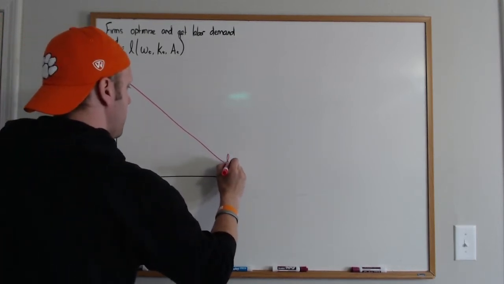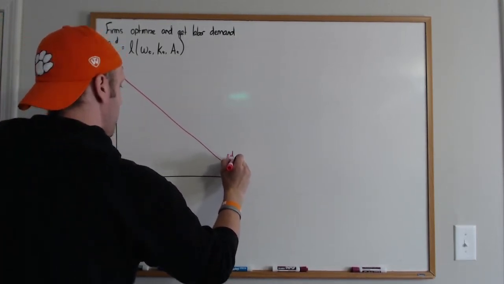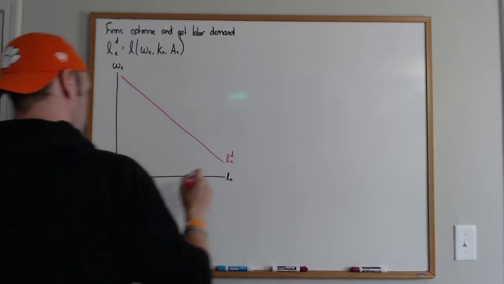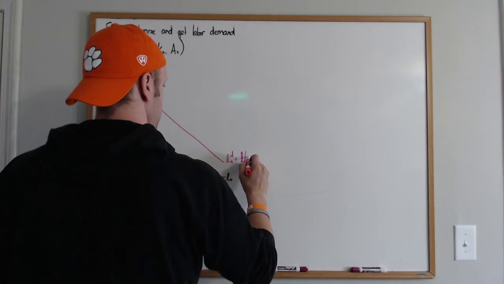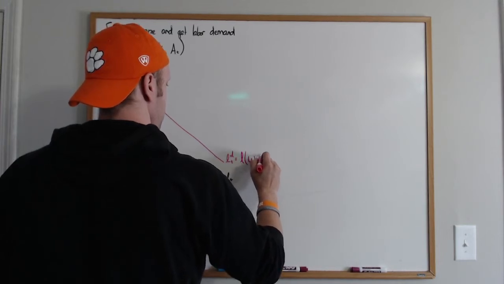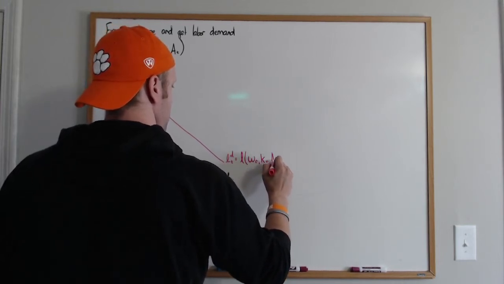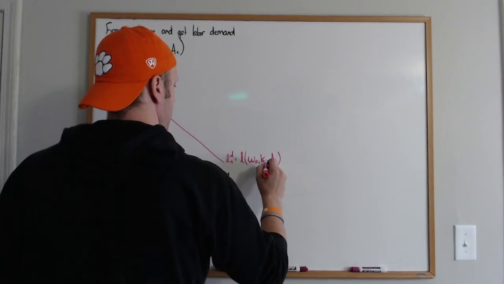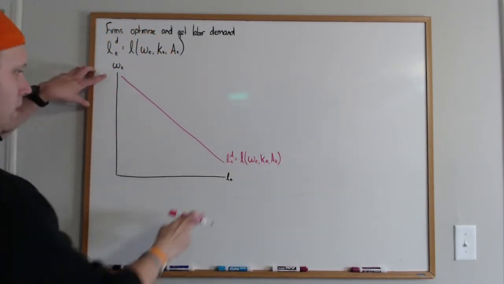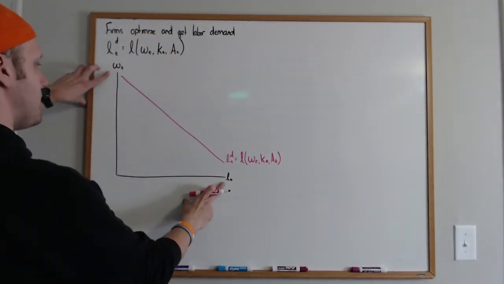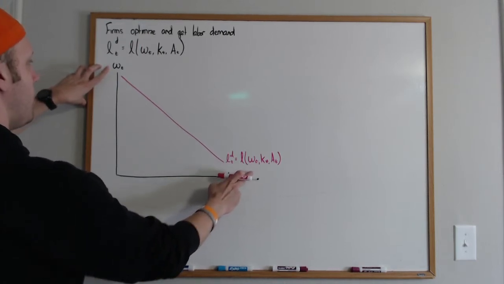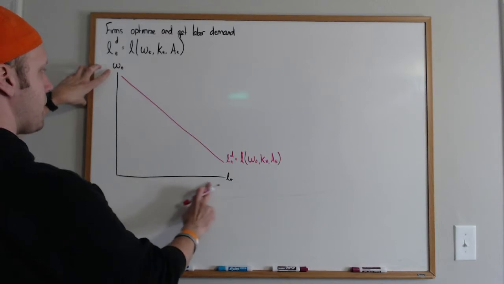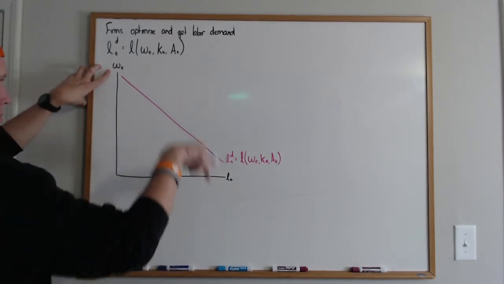Labor demand is downward sloping when graphed along the axes of labor and wages. So it's downward sloping in wages. As the wage rate goes up, the amount of labor the firm will demand will fall.